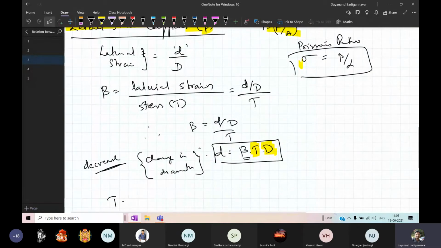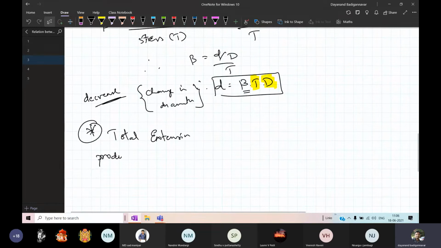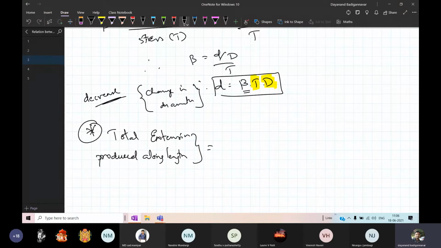There is a total extension. Keep in mind, this point is very important. I will use it in the next part. The total extension that is produced along the length. What is the total extension?